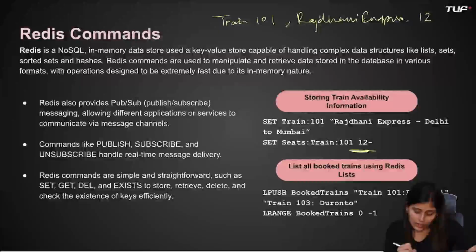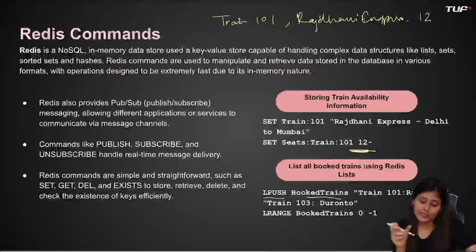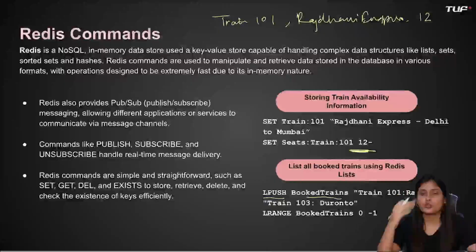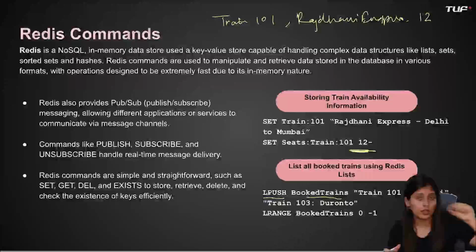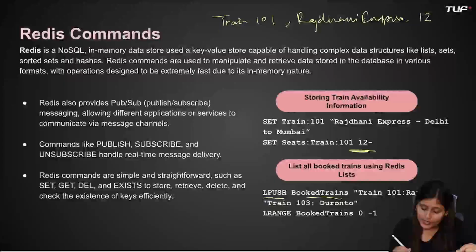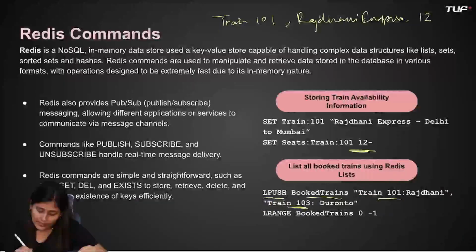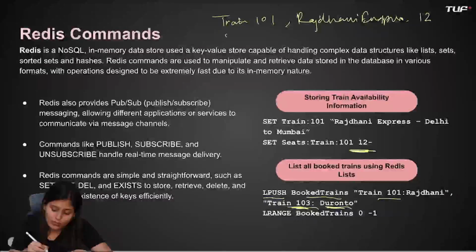Now with LPUSH booked trains, we want to left push, which means instead of adding at the bottom, we will be inserting the new rows at the very front. So we are adding one more train having train ID 103 and train name Duranto.